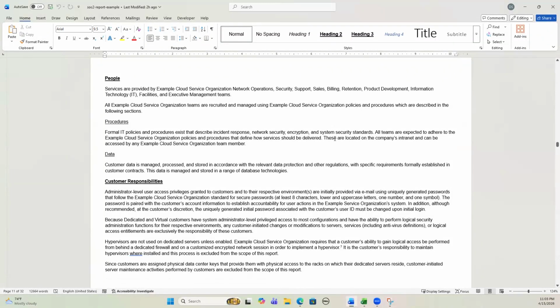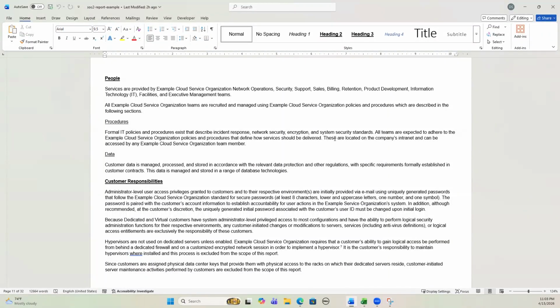Now look at this section, customer responsibilities. This is where the vendor tells you what they are not responsible for. It says that any customer-initiated changes to servers, services, or logical access entitlements are exclusively the customer's responsibility. Customer-initiated server maintenance is excluded from the scope of this report entirely.